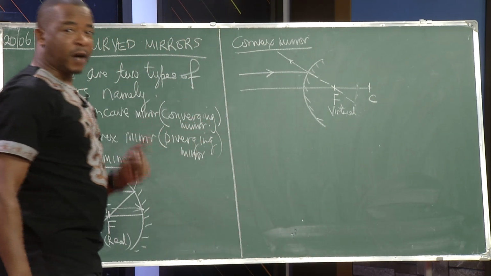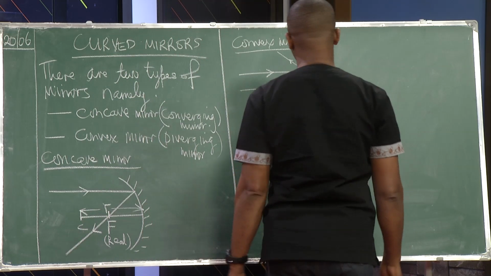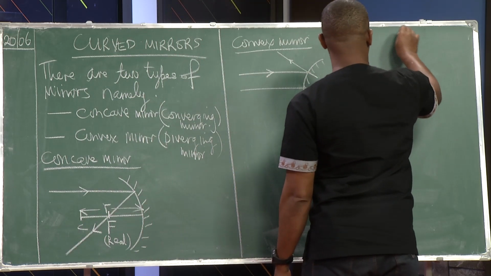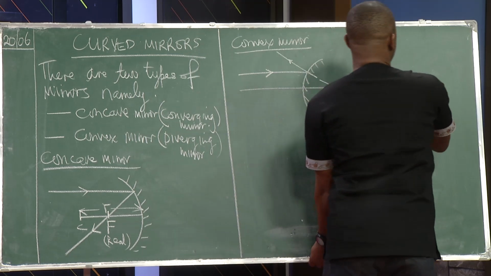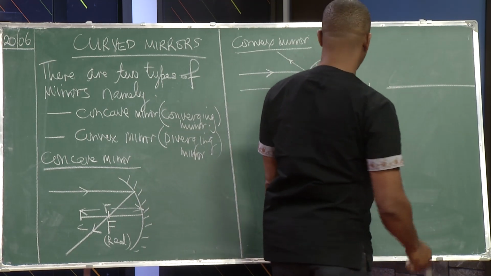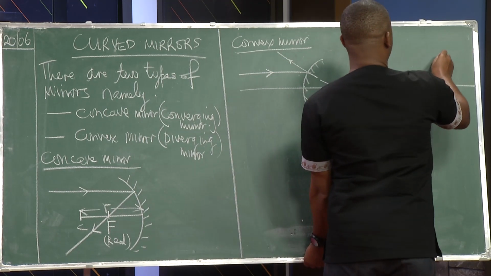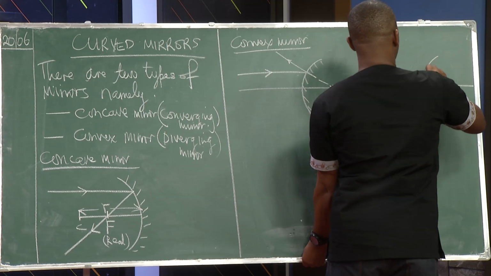Again, one important fact we need to add is that students, while drawing these diagrams, are encouraged to use a ruler. I am using a free hand, but I want to encourage students to always ensure that they use a ruler.